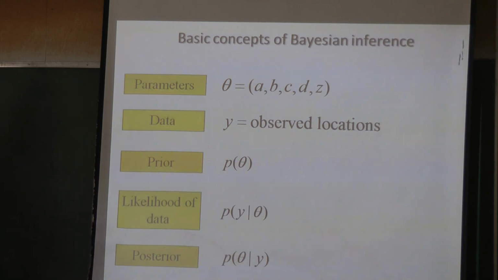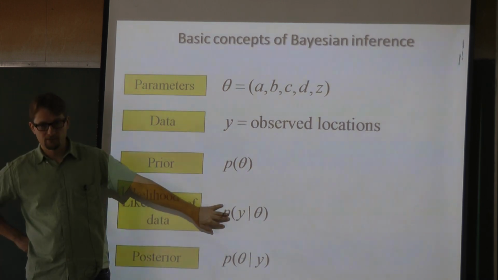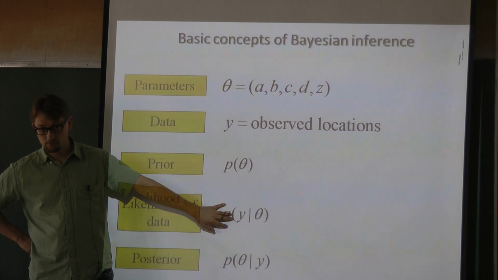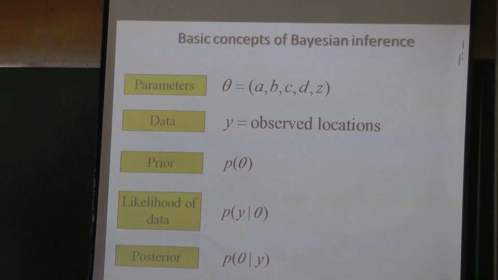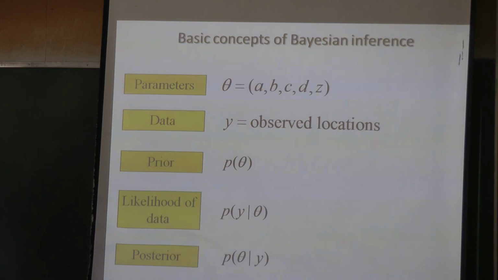Why do you define the likelihood of data according to the observed location and the true location? Why do I define the likelihood of data in terms of the observed locations, not the true locations? Because to calculate the likelihood of data, you need to also consider the distribution of the function connected to the true location and the observed location.